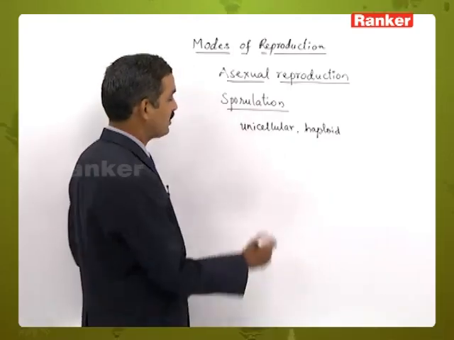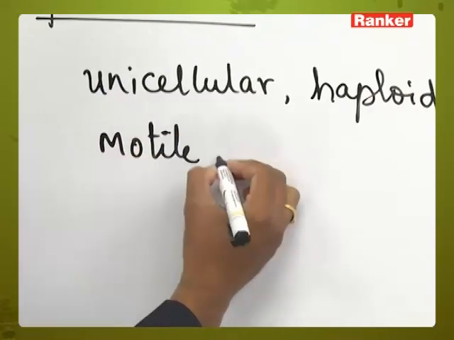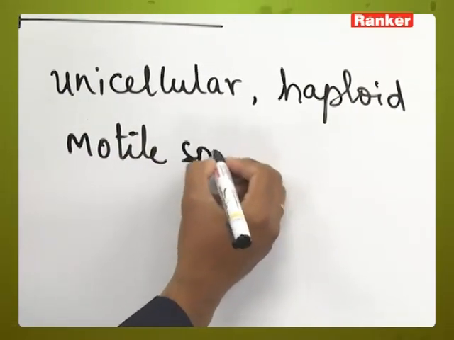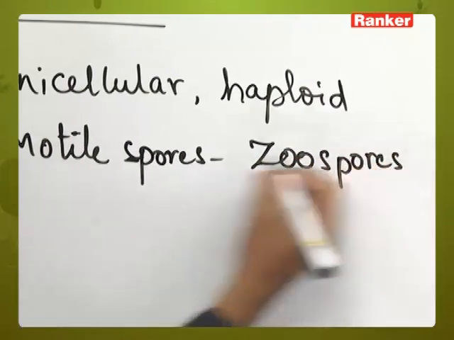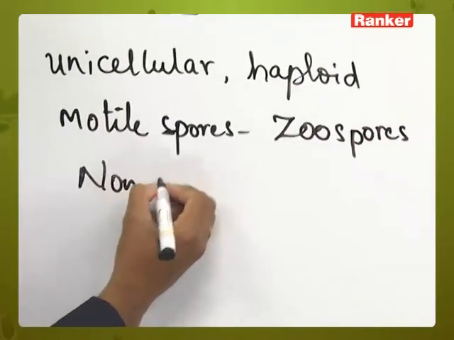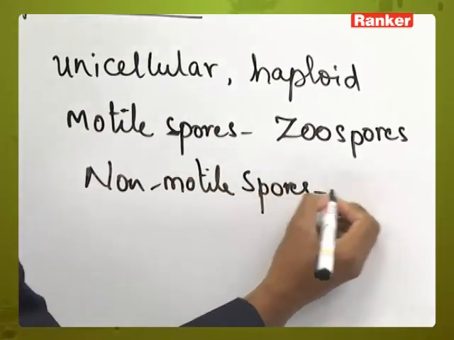These are spherical in nature, and the spores may be motile. If they are motile, we call them zoospores, and if they are non-motile, we call them aplanospores.